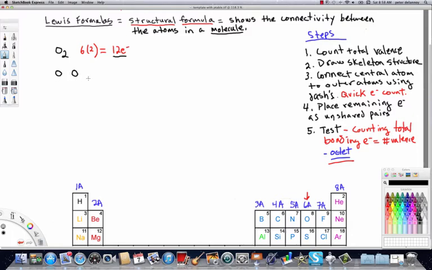Following the steps, the next thing we do is connect the atoms, so here's a bond. Quick count, we've used 2 electrons, which leaves us 10 to go. Following the steps, I put in my unshared pairs so that each of the oxygens will have no more than 8.